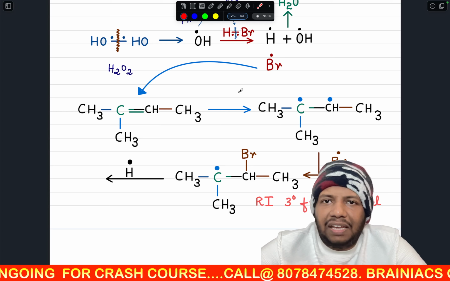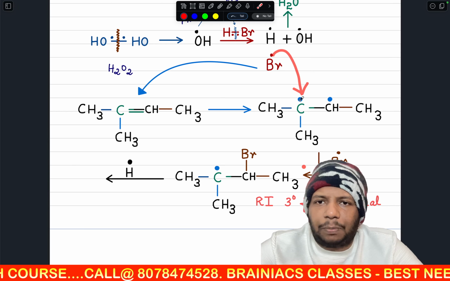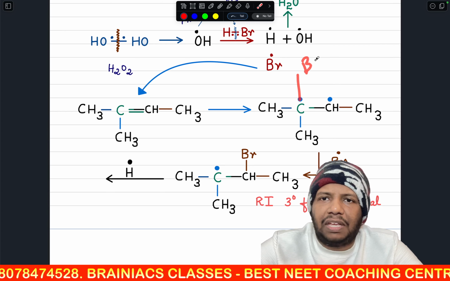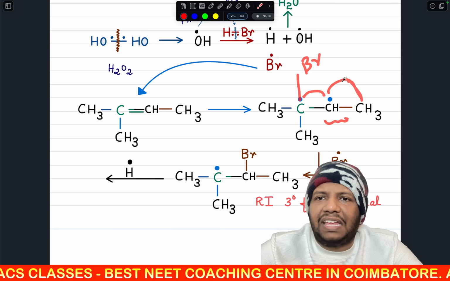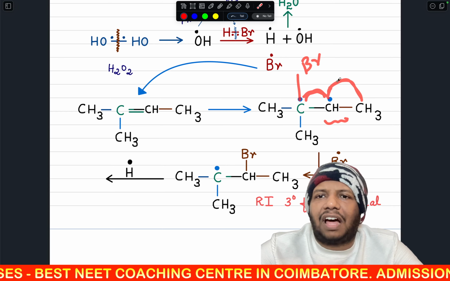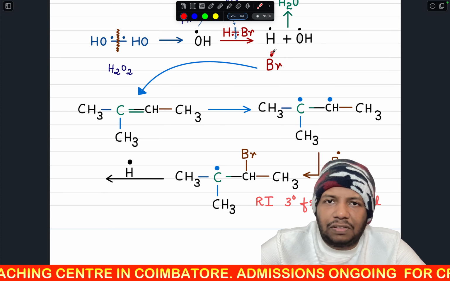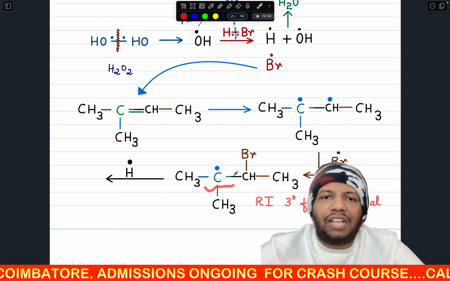Now please understand, if it attacks here, you are going to get an intermediate. Suppose Br has come here. Now you are getting an intermediate that is secondary in nature. This free radical intermediate is a secondary free radical, 2-degree free radical. But if this Br is approaching this one, you are going to get a tertiary free radical.